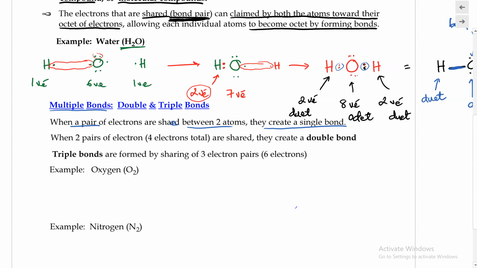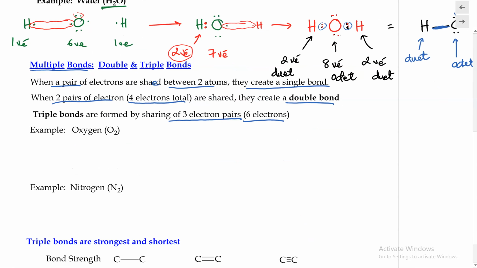If two atoms share two pairs of electrons, which implies there are 4 electrons in total, then they create what we call a double bond. And a triple bond is formed by the sharing of 3 pairs of electrons. Each pair has 2 electrons, so there will be 6 electrons total shared between the two atoms. That is what happens with double and triple bonds.